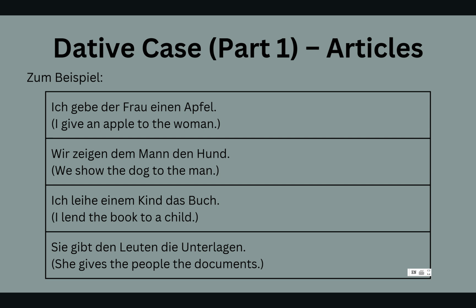Zum Beispiel: Ich gebe der Frau einen Apfel. Wir zeigen dem Mann den Hund.